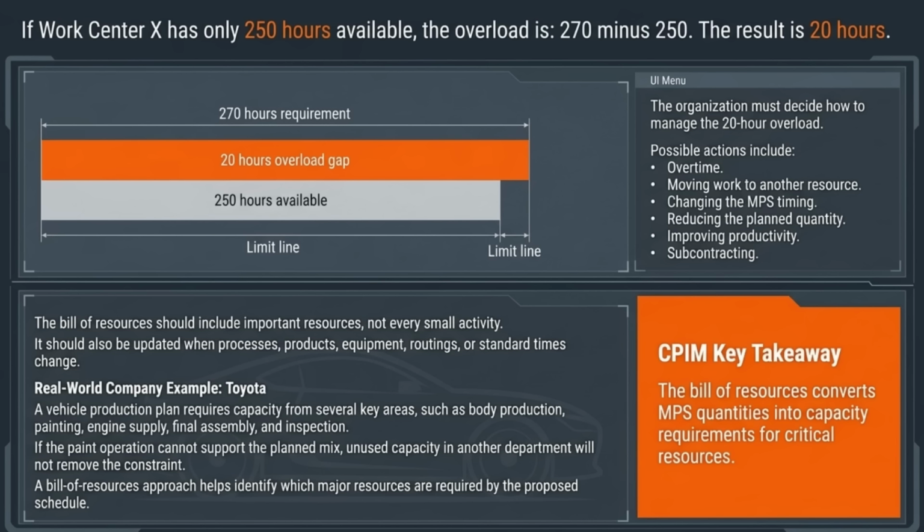If the paint operation cannot support the planned mix, unused capacity in another department will not remove the constraint. A Bill of Resources approach helps identify which major resources are required by the proposed schedule. CIPM Key Takeaway. The Bill of Resources converts MPS quantities into capacity requirements for critical resources.